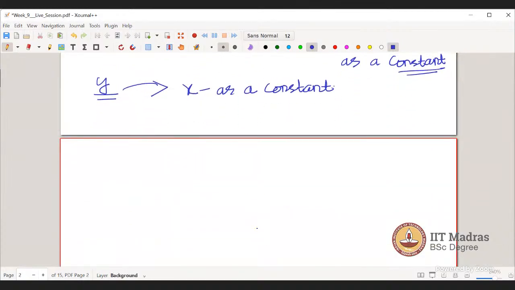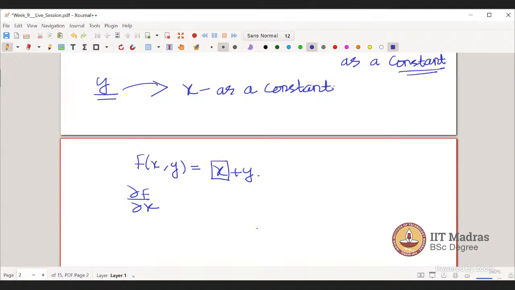For example, if I take this function and take the partial derivative with respect to x, when I have terms in x, I just do the single variable derivative, whatever you have done in single variable.